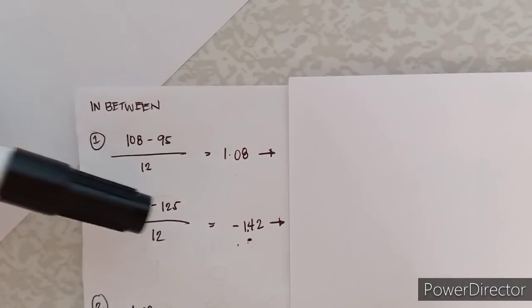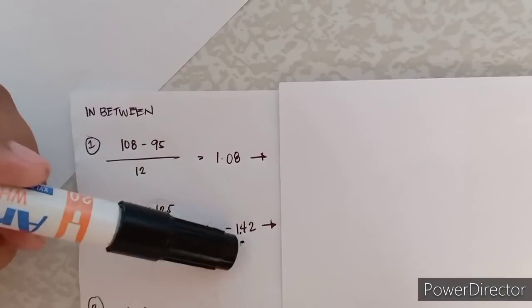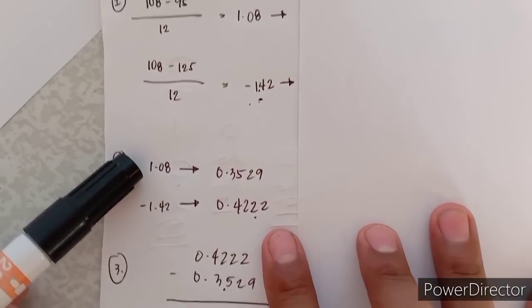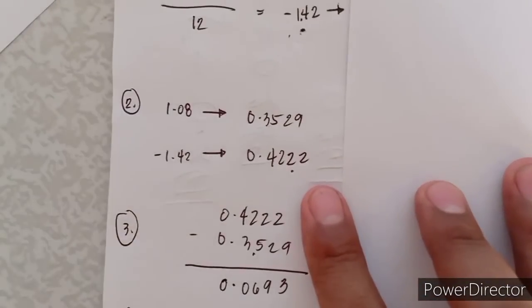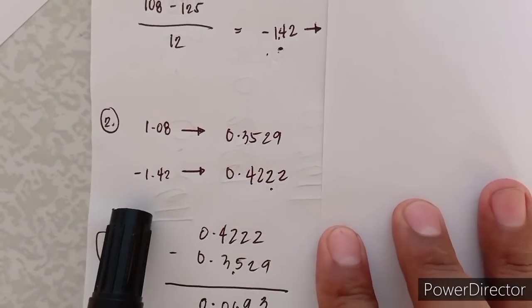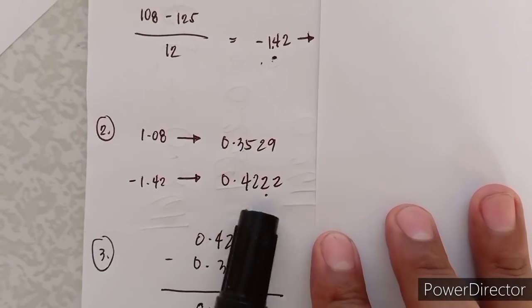Yung isa naman, 108 minus 125 divided by 12 is equal to negative 1.42. Next is to get their value on the Z-score table. Nakita natin doon na 0.3529, while negative 1.42 ay magiging 0.4222.